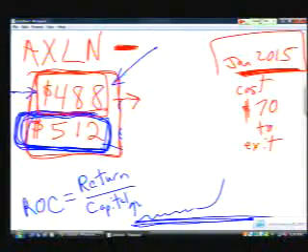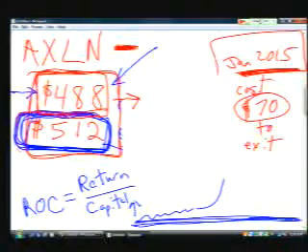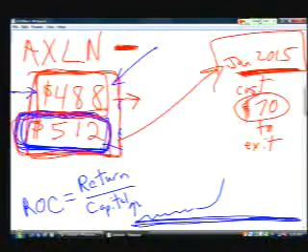So we're going to leave $70 on the table because $70, see, that'd still hold the 512 all the way to January 2015. For us, as traders, that's not good enough.